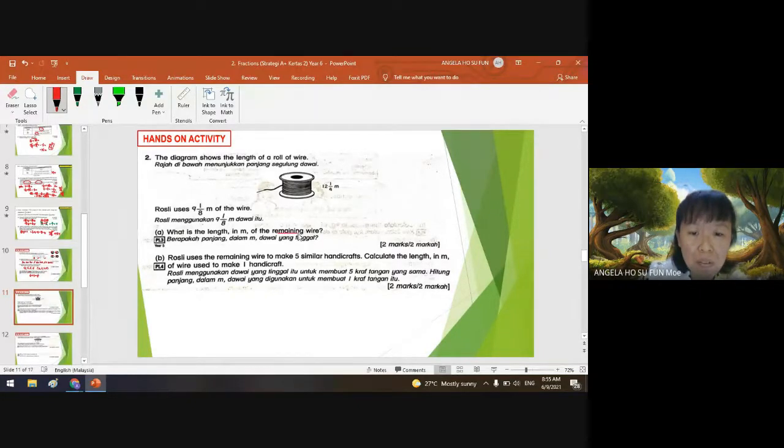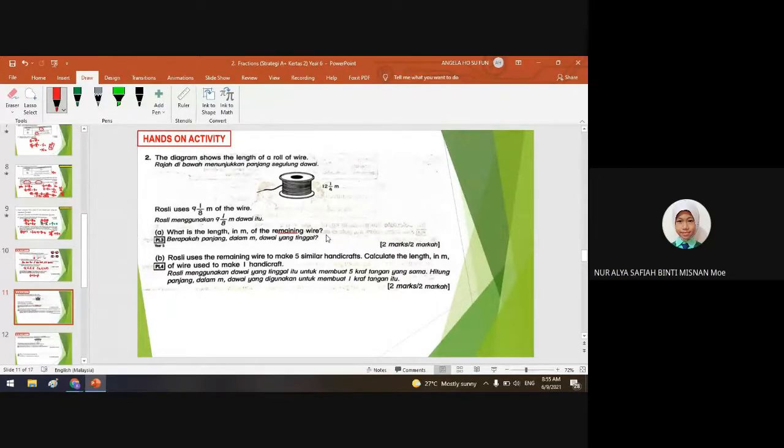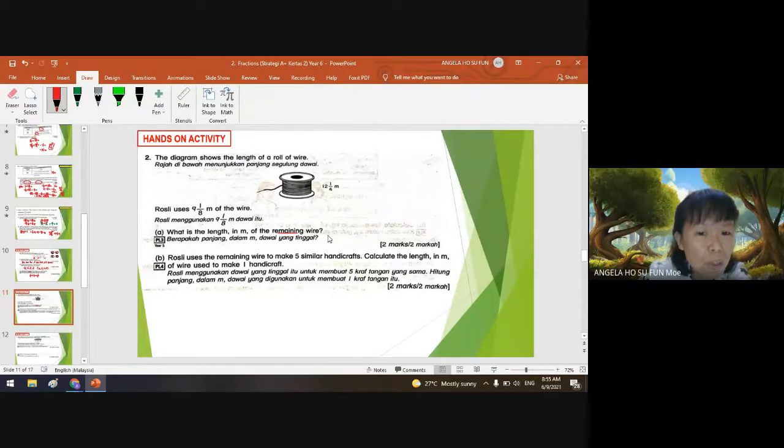What does it mean by remaining here? What operation do you think of? Anyone? If you want to find the remaining wire, what operation do you need to think of? Minus. Very good.